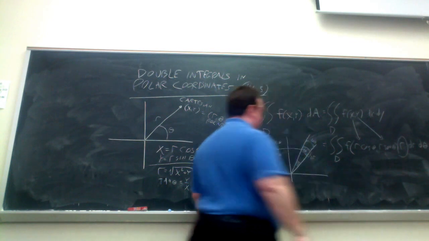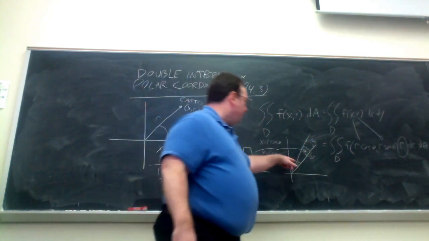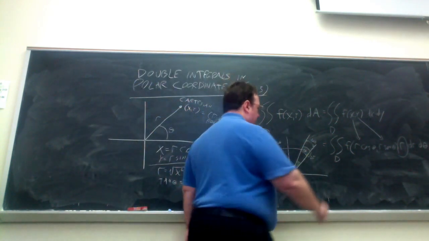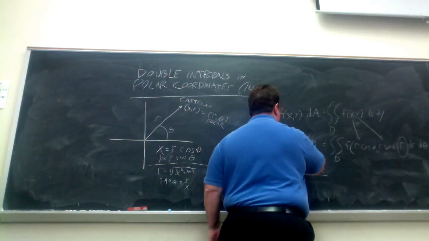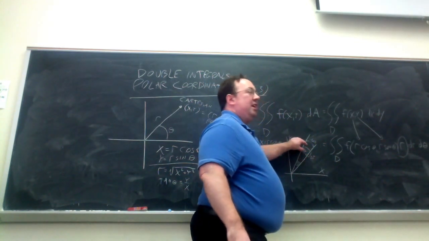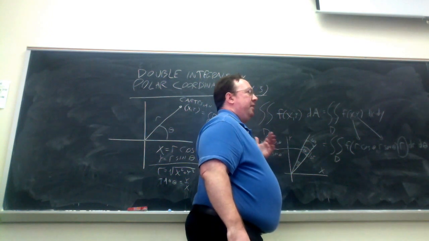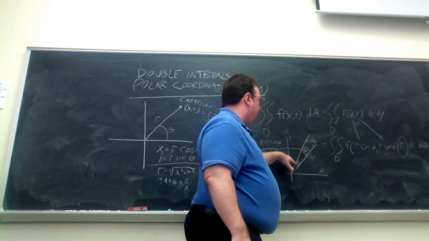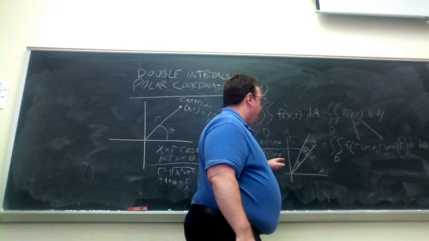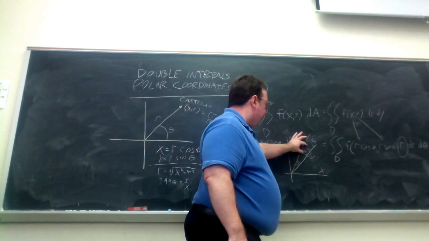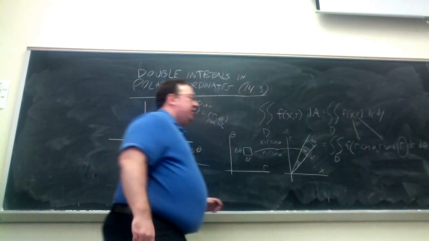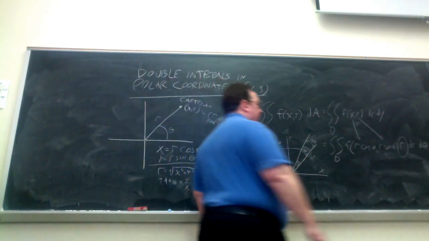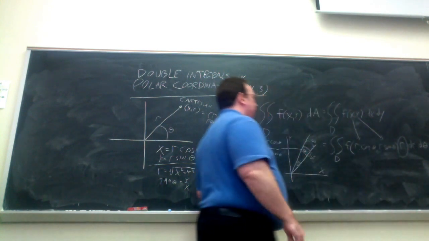Just a couple different examples. What you notice is that as you move further away from the origin, as r increases, these regions get larger. So the same values for delta r and delta theta still lead to different areas depending upon how far away you are from the origin. The area of this little wedge here is actually proportional to r. So that's why we have this extra factor of r.